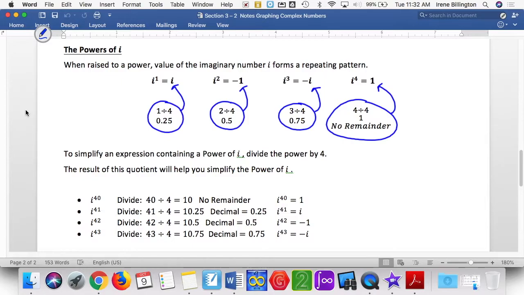That gives you 10.5. Because you have a decimal remainder of 0.5, that means i to the 42nd is equal to -1. For i to the 43rd, take the 43 and divide by 4, gives you 10.75. You have a decimal remainder of 0.75, which means i to the 43rd is going to equal -i.